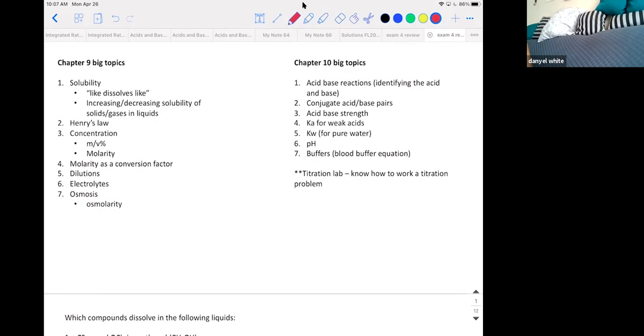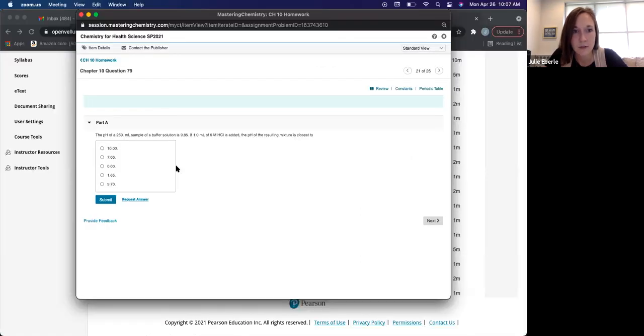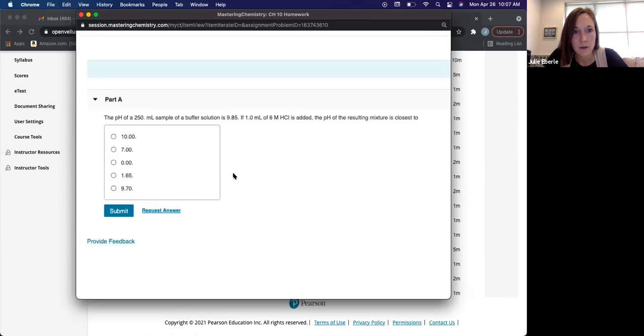So let me show you guys which question this is. Right here, you guys see this question? The pH of a 250 milliliter sample of a buffer solution is 9.85. If 1 milliliter of 6 molar HCl is added, the pH of the resulting mixture is closest to what?